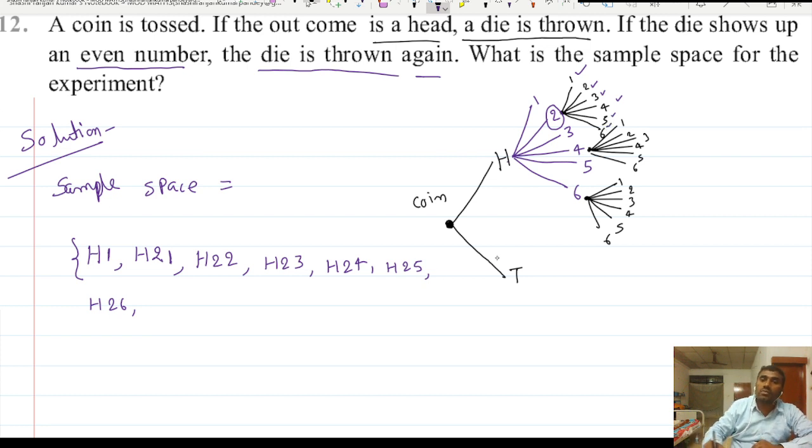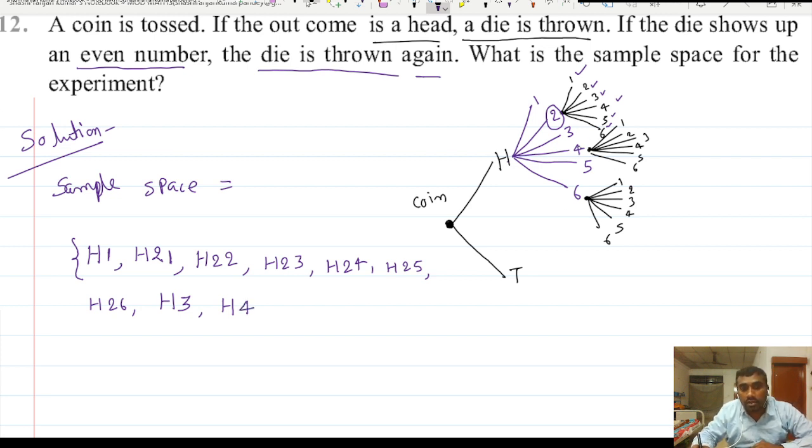Fine. Now see, let us suppose in this case your coin shows head and your die shows 3. That is not an even number, so no need for the next throw. Now suppose the coin shows head and the die shows 4.